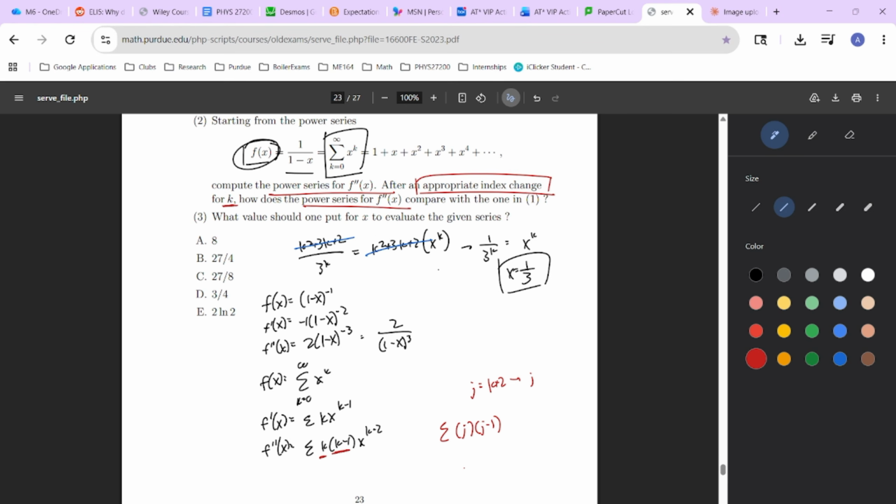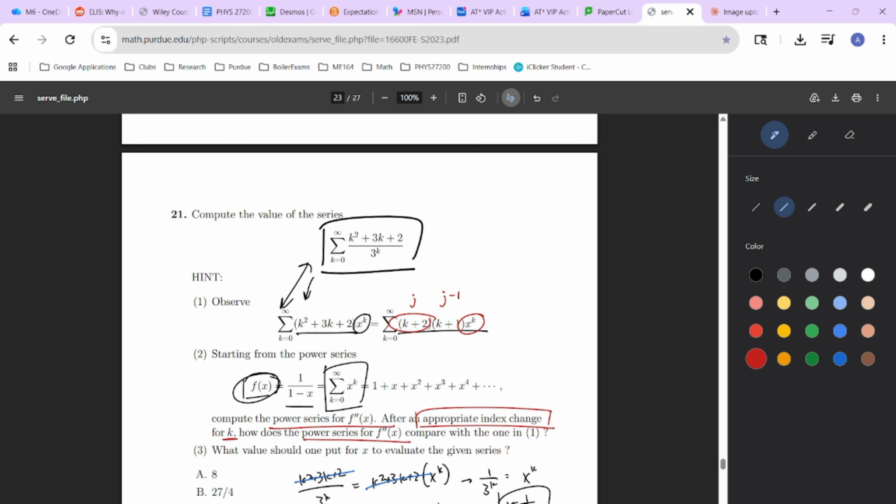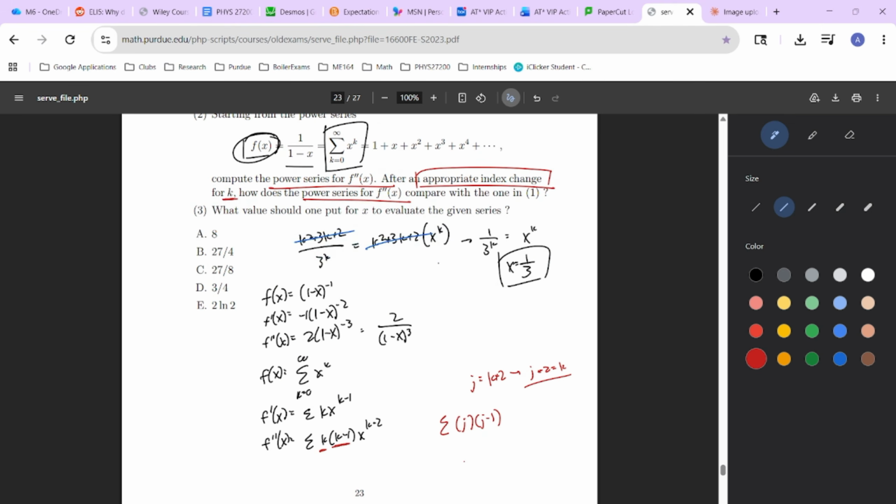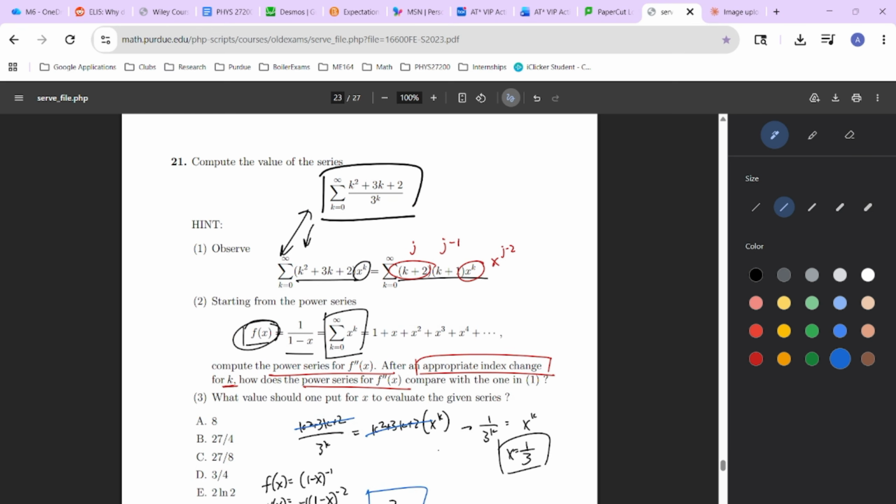That means that j minus 2 would be equal to k, right? This is important because we can make a substitution right here. We can rewrite this as x to the j minus 2, subbing in what we found for k. And as you can see here, these two series are perfectly similar to each other, which means that solving for the value of this series will solve for the value of the original series, k squared plus 3k plus 2 over 3 to the k.